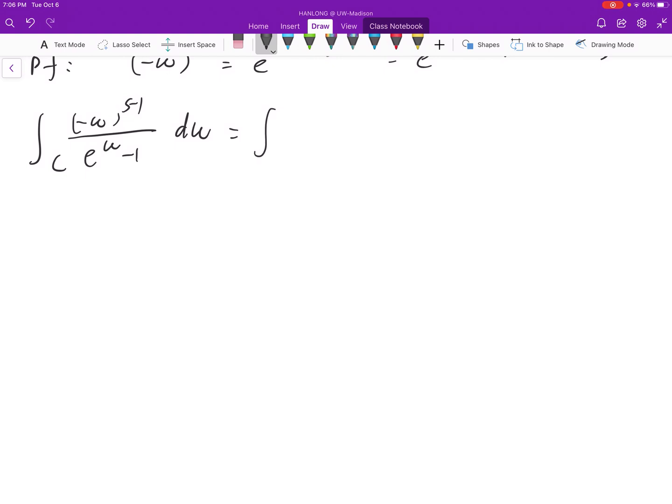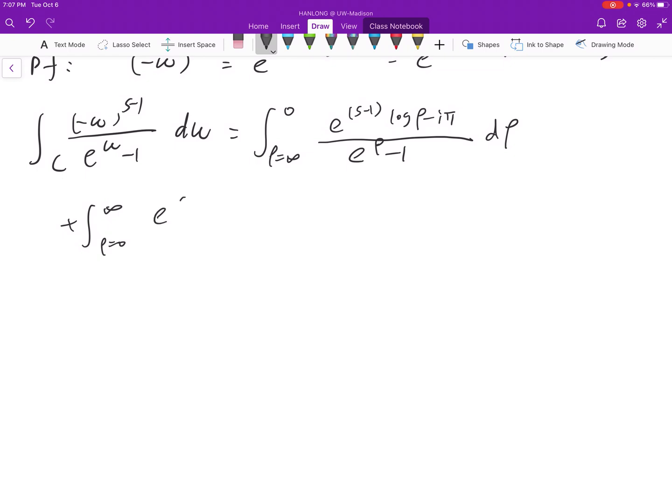The above one is from infinity to 0, exponential s minus 1 log rho minus i pi divided by exponential rho minus 1 d rho, and then the bottom one is exponential s minus 1 log rho plus i pi divided by exponential rho minus 1 d rho.